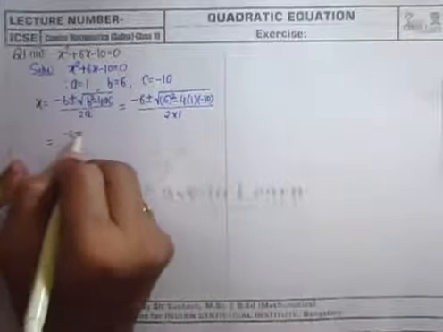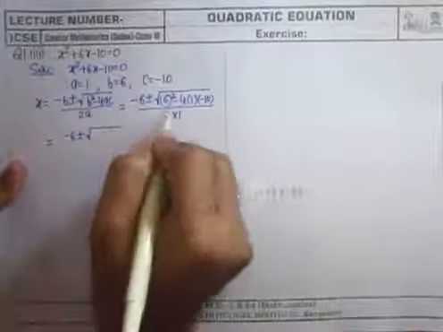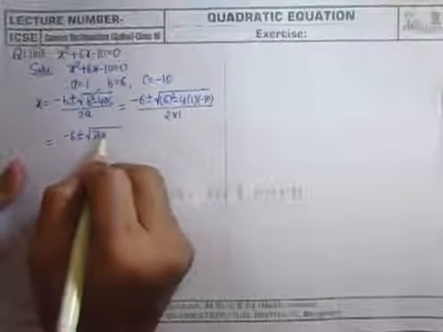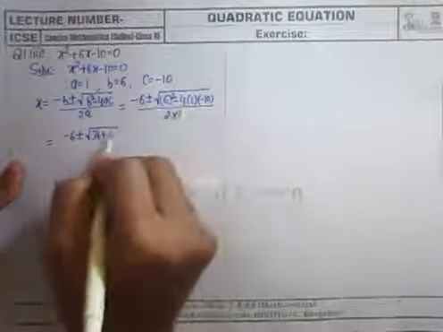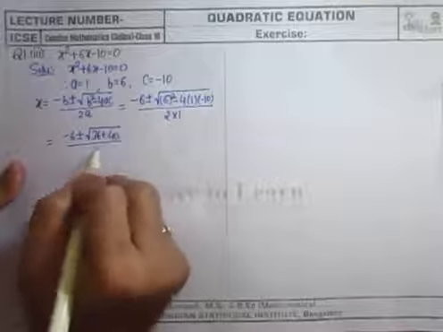Minus 6 plus minus root under 36 plus 40 by 2.